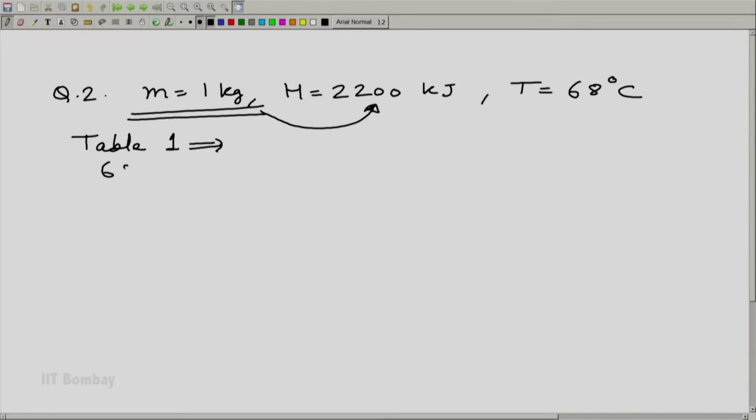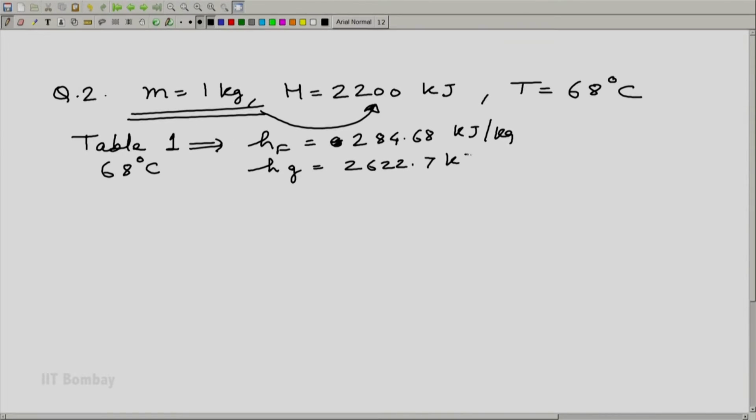At 68 degrees centigrade we get the value of hf equal to 284.68 kilojoule per kg and hg equal to 2622.7 kilojoule per kg. Depending on this, we get hfg equal to 2388.0 kilojoule per kg.